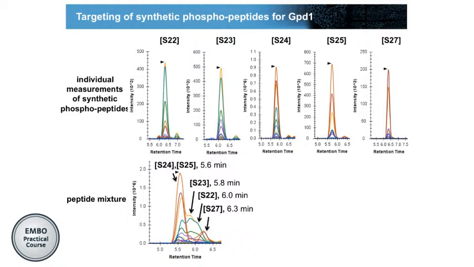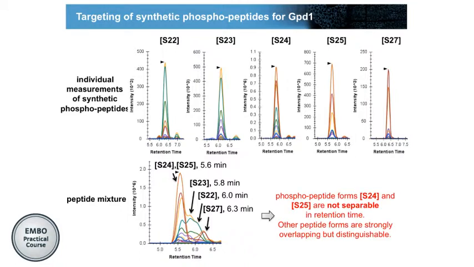There are different things that we could do to try and optimize, or maybe change a bit the chromatography to make them more separable. But in this case, as we look at it like this, they're not really separable in retention time. But what we can say is that maybe if we look at the transitions, so we go back to that slide and we think, let's look at the transitions, maybe we can separate them by transitions.